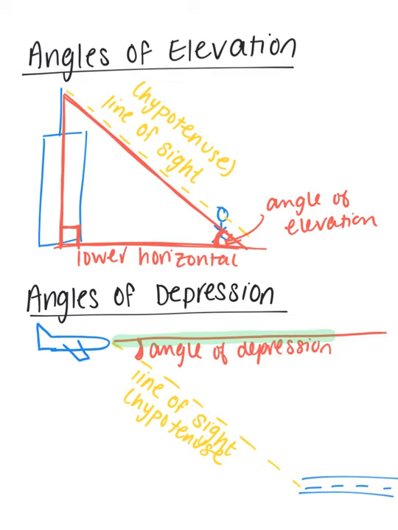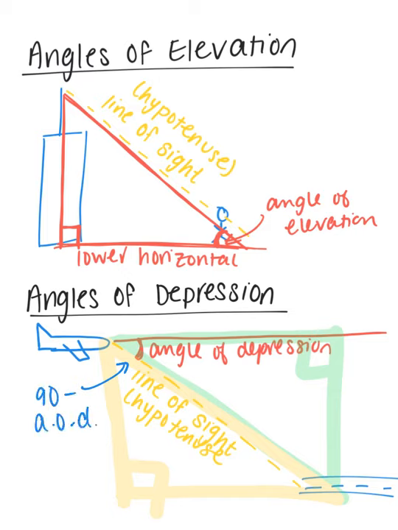So if you have your triangle drawn over here, that's fine because your angle of depression would be in the triangle. But the way that I tend to do these problems is I still draw my triangle over here on the left side. Sorry, that's a bad line. Okay, so then in order to find this angle that's actually in the triangle, you would do 90 minus your angle of depression. Okay, that looks a little bit confusing, but it'll make more sense when we do some examples.